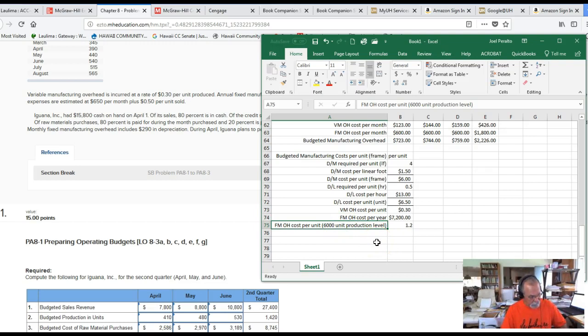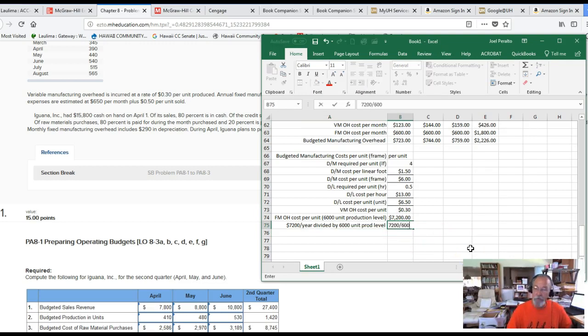I'm gonna shorten this calculation. So I'm gonna say 7,200 per year divided by 6,000 unit production level. So this is going to be 7,200 divided by 6,000.